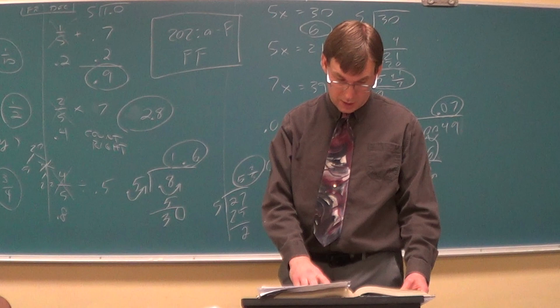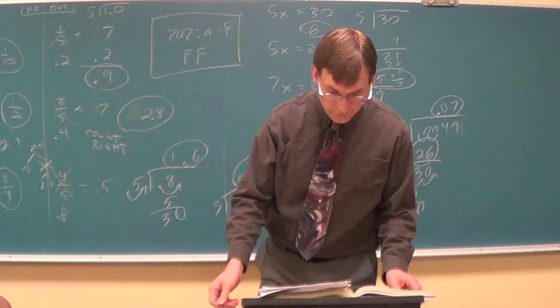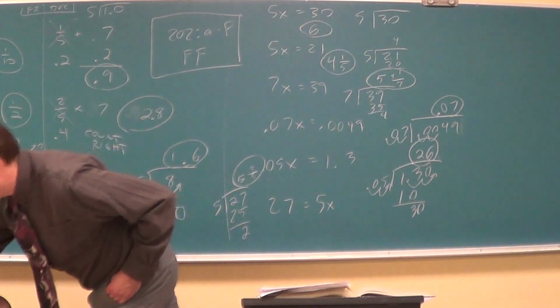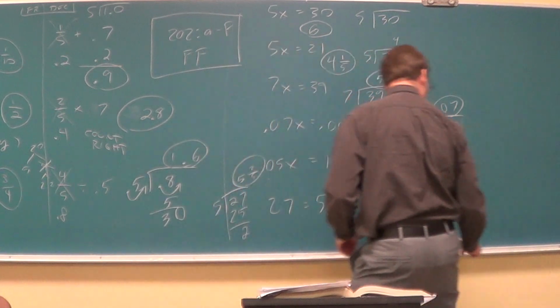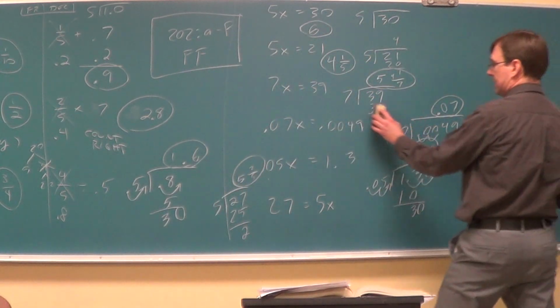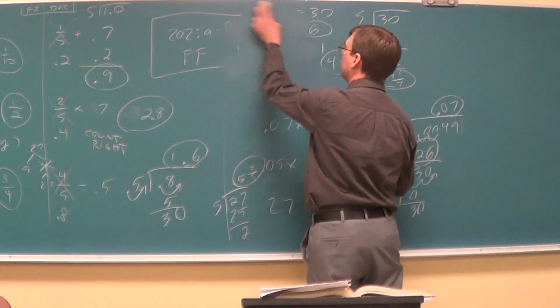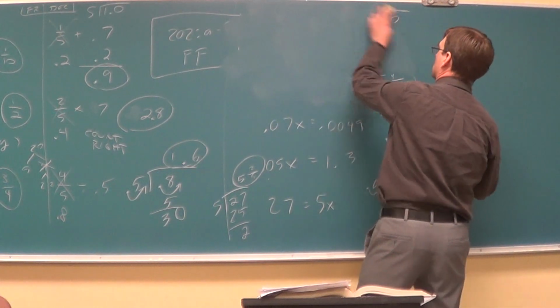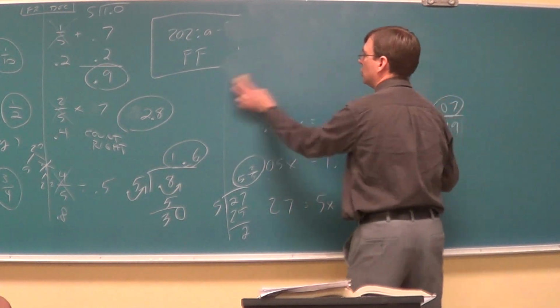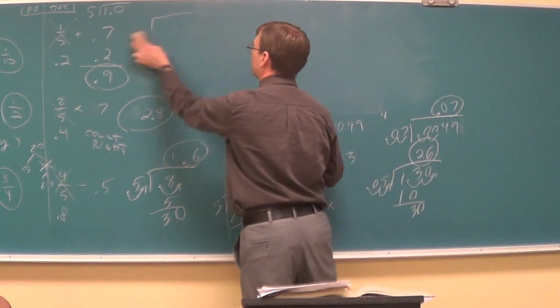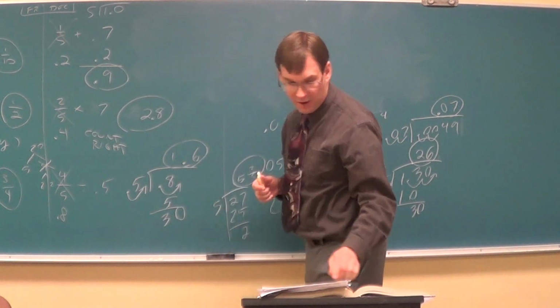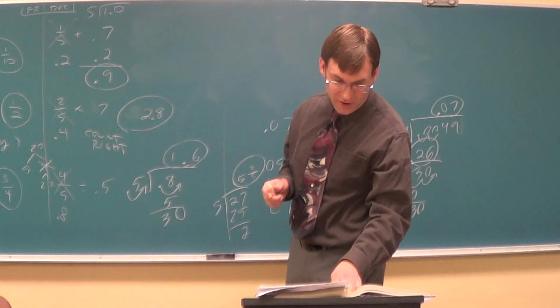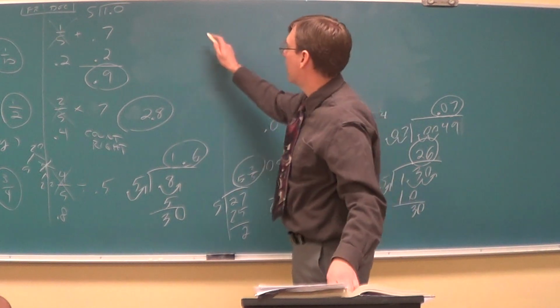13. So with 4 terms, what I would try to do is factor by grouping, because I can't combine anything there. I would look at the first 2, and what do the first 2 have for a common factor? X squared.